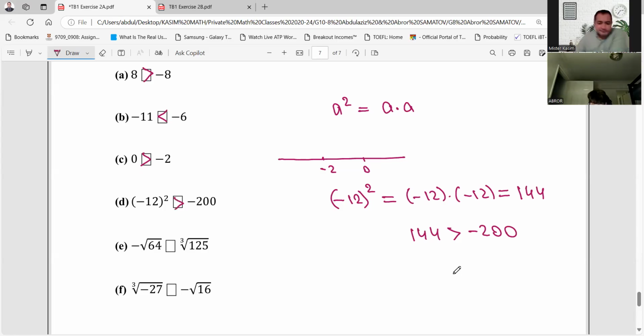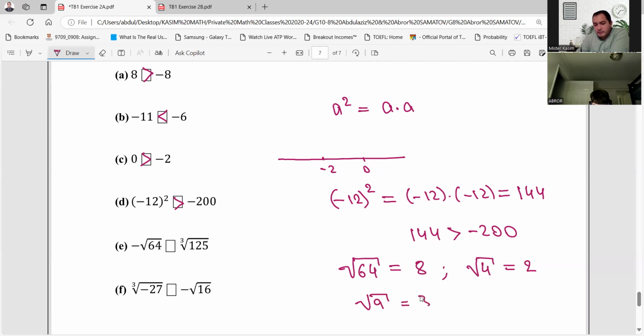And how about this? What is the square root of 64? It is 8, right? What is the square root of 4? 2. What is the square root of 9?